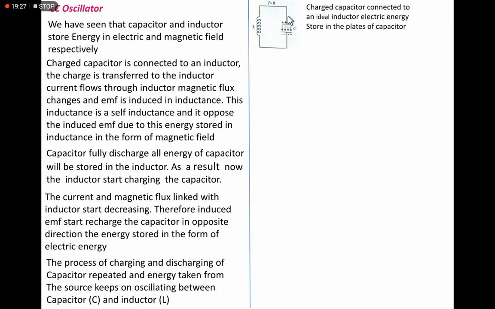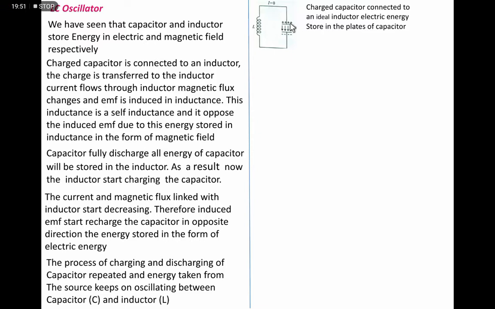When charge passes through the inductance, the flux changes and EMF is induced. This EMF will be back EMF. This circuit is like a self-inductive circuit, but instead of a source of electricity, the charge comes from the capacitor to the inductance.